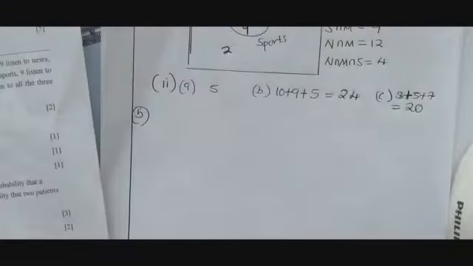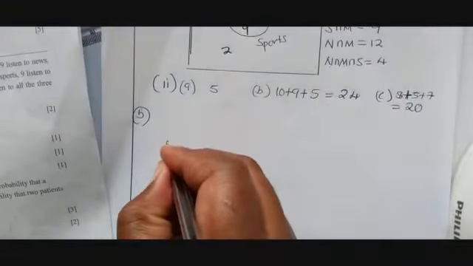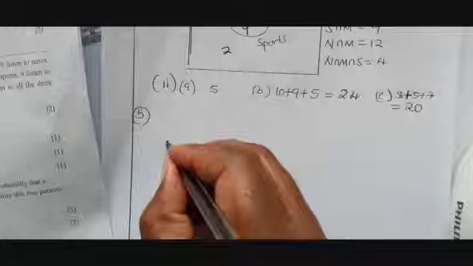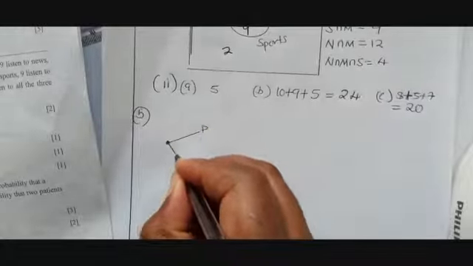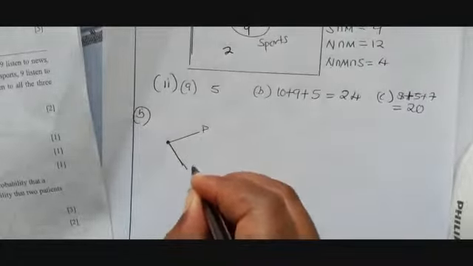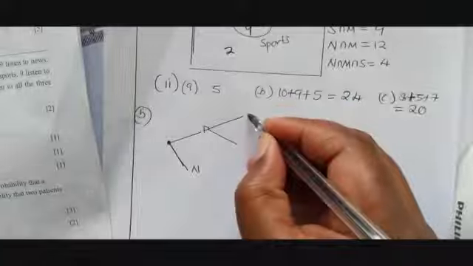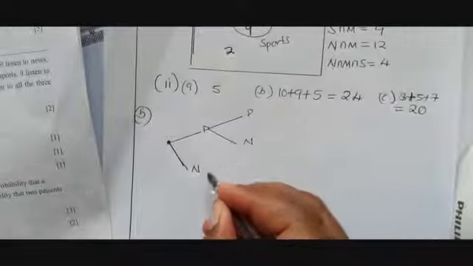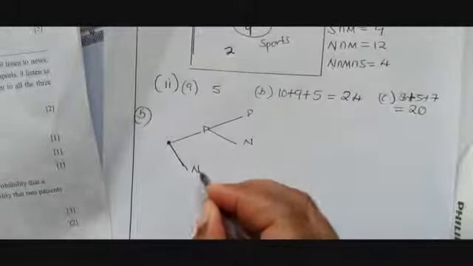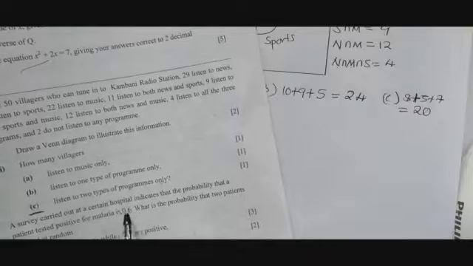Now, to make your job easy, you can do a simple tree diagram. You're going to say positive here, negative. You produce again, so you have positive here, negative, positive here, negative. Now, look here, we have been given one probability.